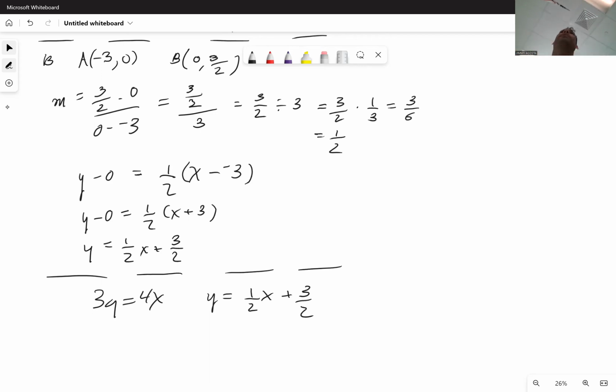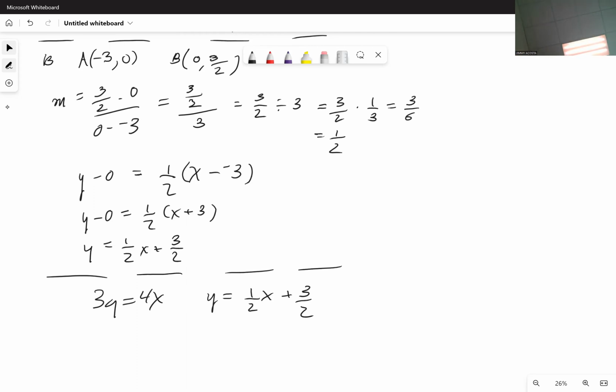So this is your system of linear equations. So take your pick, however you want to do it. Look, we have a substitution right here. So just put it in there. If you want to do elimination, it's up to you. I would just use substitution. Why? Because what's my y? My y equals half x plus 3/2. So that's what we're going to do.